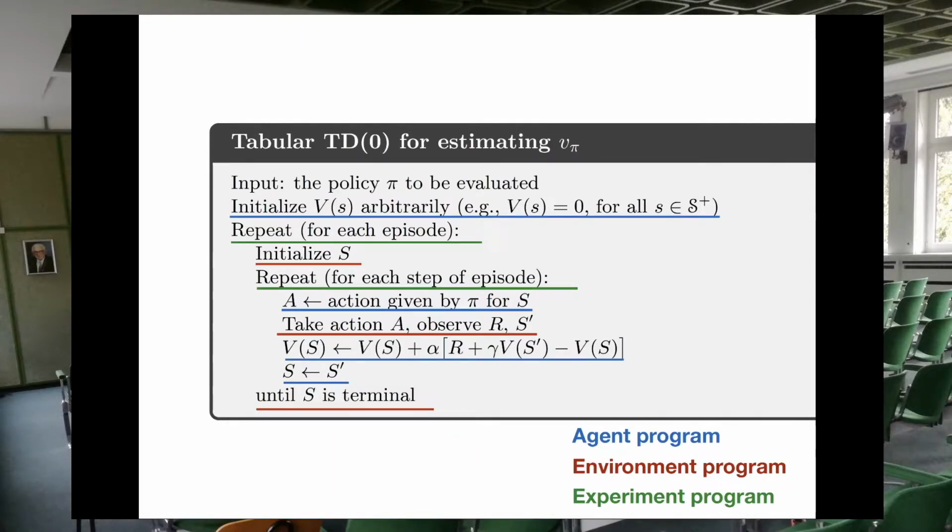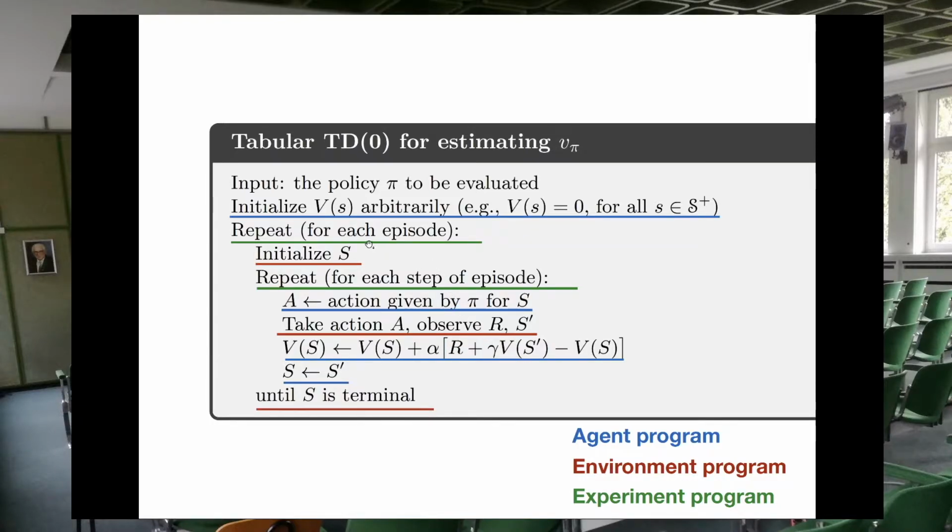So this is the very basic algorithm, TD(0). This is the algorithm for estimating the value function in an MDP. Here we can see the reward plus gamma times the value of the next state, where we call S prime the next state.